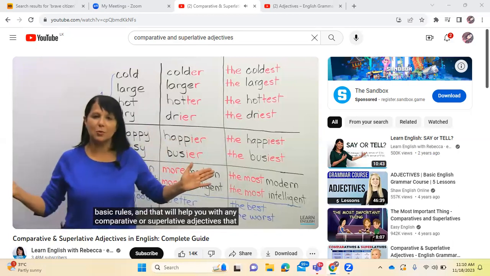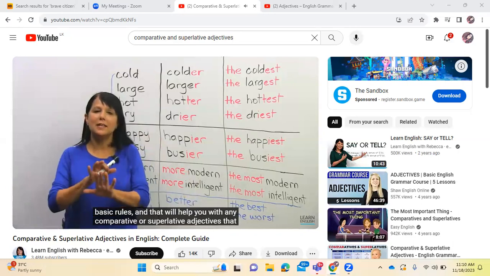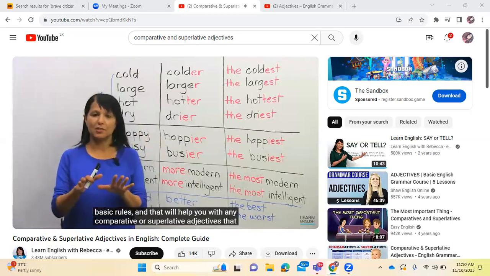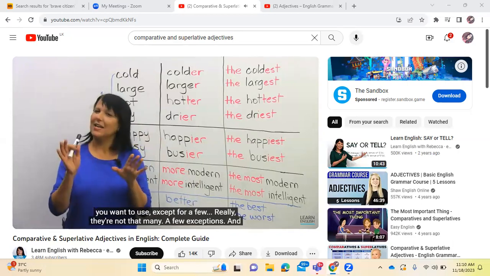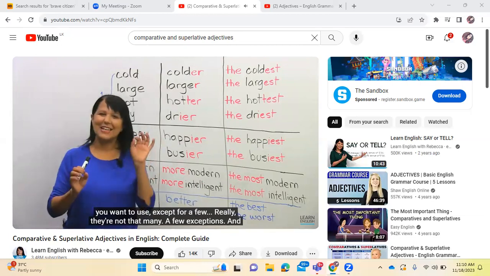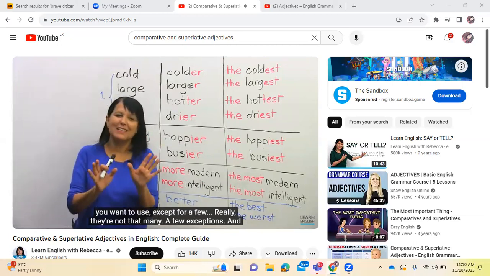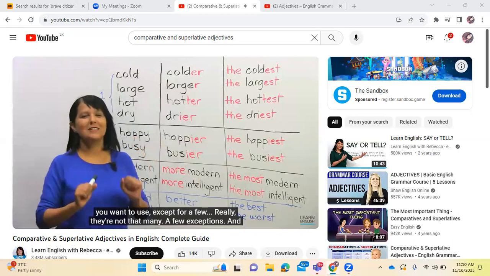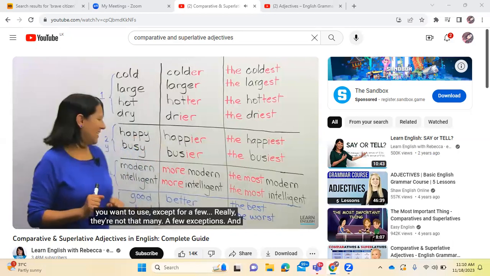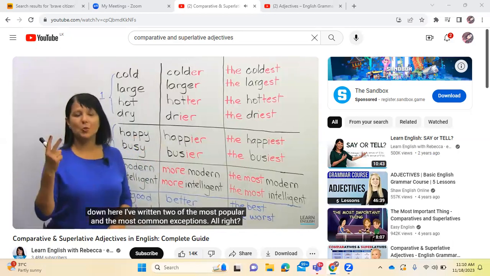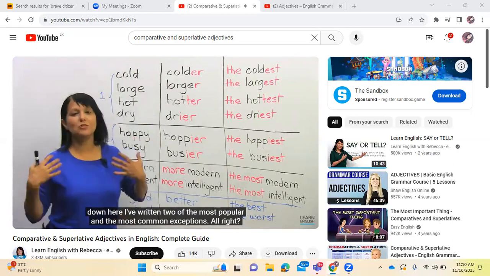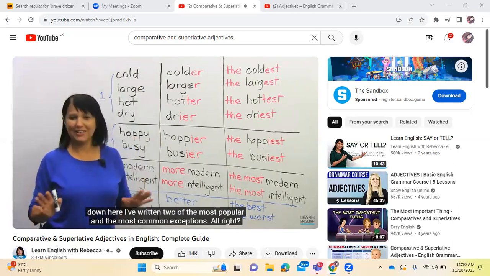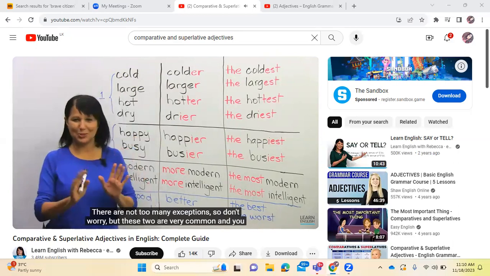Those are the basic rules, and that will help you with any comparative or superlative adjectives that you want to use, except for a few exceptions, really, there are not that many. And down here, I've written two of the most popular and the most common exceptions. All right? There are not too many exceptions, so don't worry.